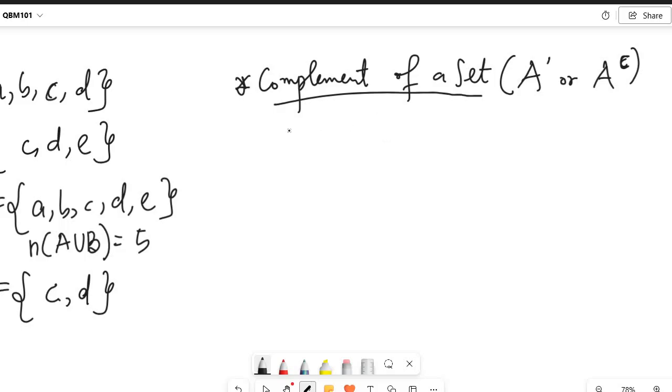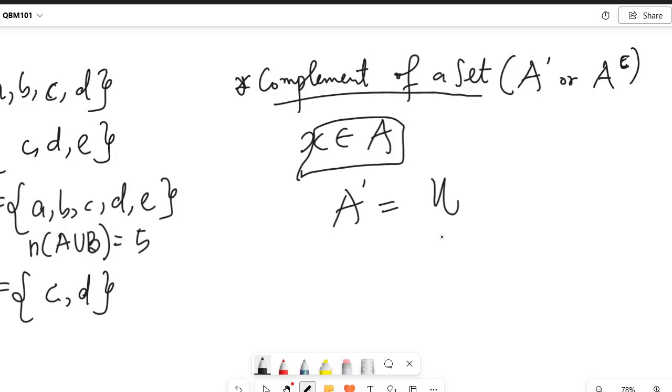Now what does this mean? The complement of a set is simply the elements found, let's say X is an element of A. Now I'm going somewhere. Let's assume X is an element of A. So its complement, A complement, is simply saying that I want all the elements in the universal set.